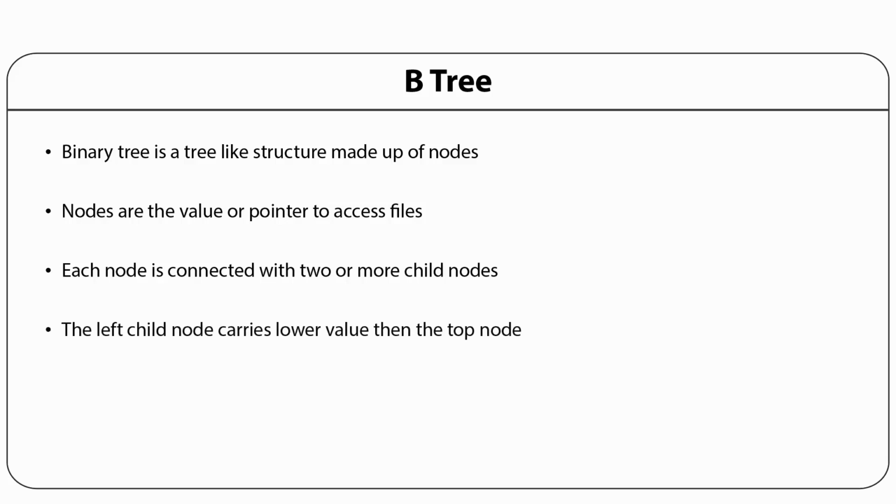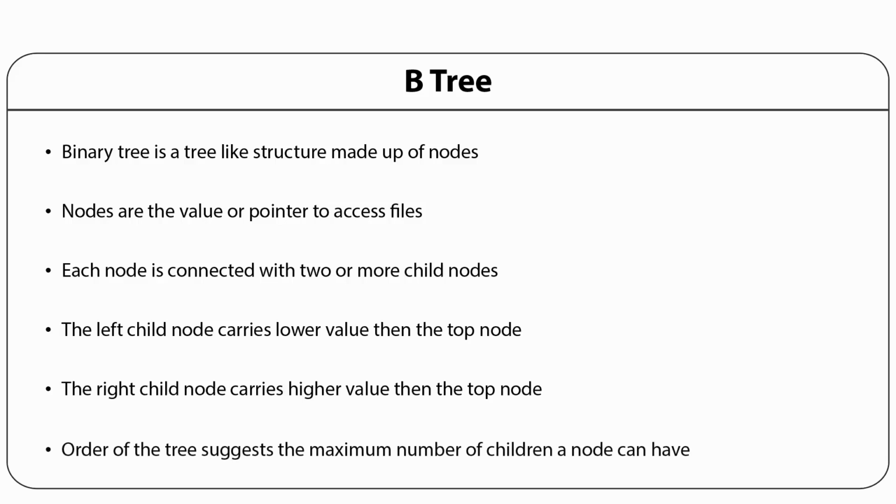The left hand child node carries a lower value than the top node or the parent node. Similarly, the right child node carries a higher value than the parent node.